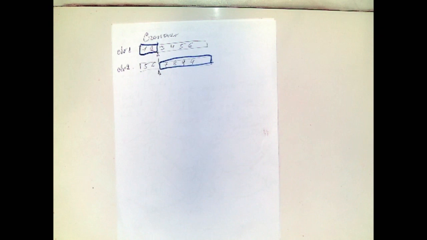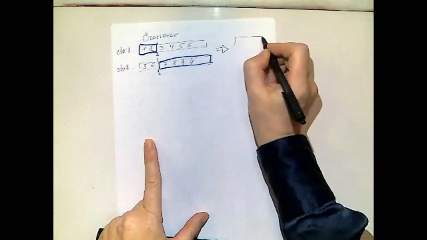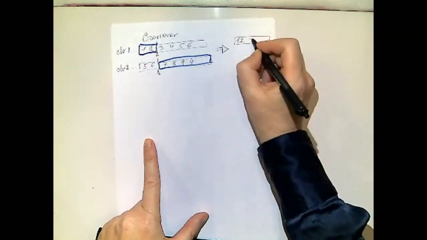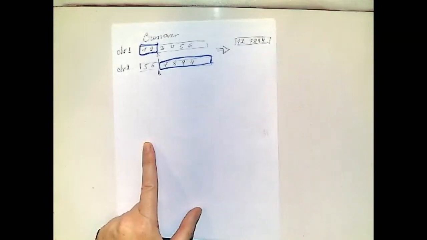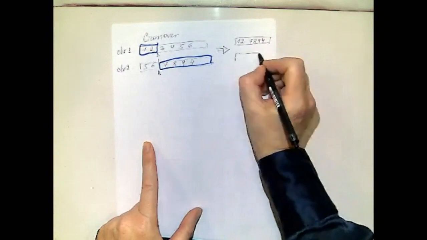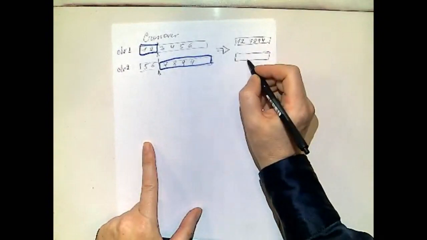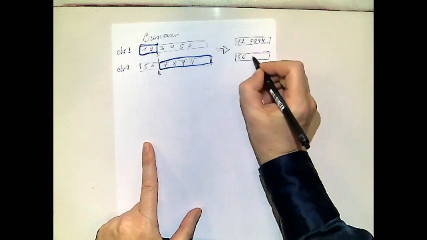What will be my new chromosome out of this? Can you tell me? 1, 2, 7, 8, 9, 4. Yep, so this will be your 1-point crossover. What will my second chromosome look like? 5, 6, 3, 4, 5, 6. Yep.